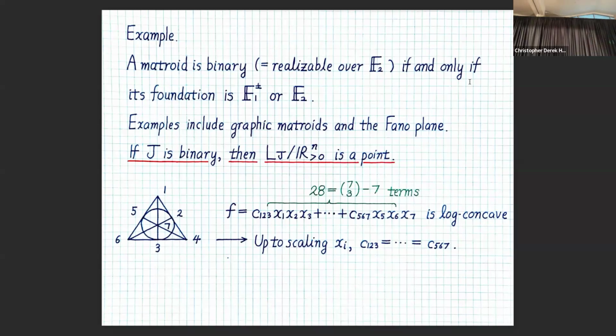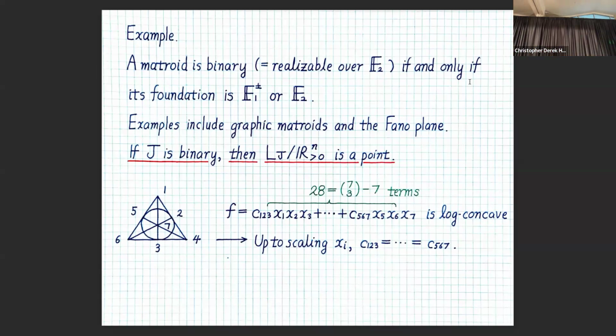But I want it to be supported on the Fano plane, which means that I'm not going to use the 7 monomials corresponding to 7 lines, like 1, 2, 4 in the picture. So I'm left with 28 monomials. And I can take any linear combination I want, so long as it's a non-negative linear combination of those 28 monomials. And then I ask, how can I make the linear combination log concave?